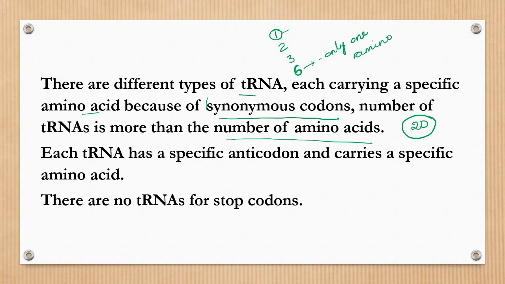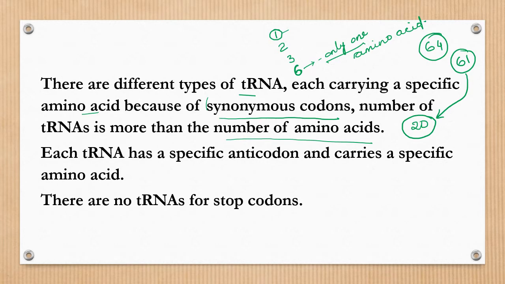We know there are 64 triplet codons, of which 61 represent the 20 amino acids.